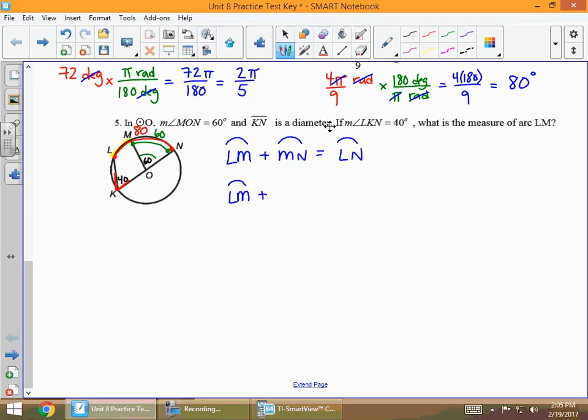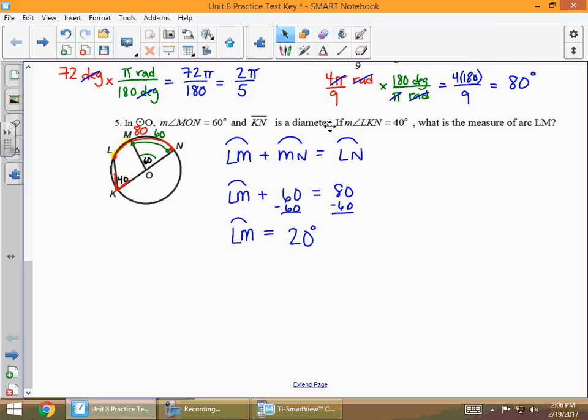Arc MN is 60, and arc LN is 80. So I subtract 60 on both sides, and arc LM is 20 degrees. And that does it for page 1.